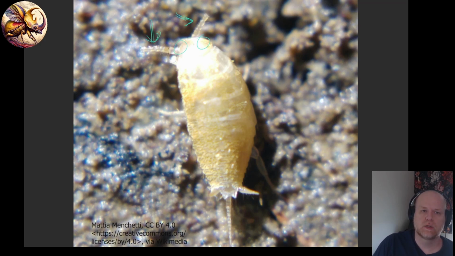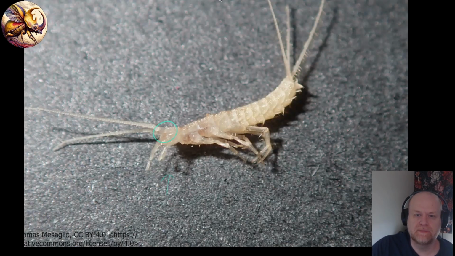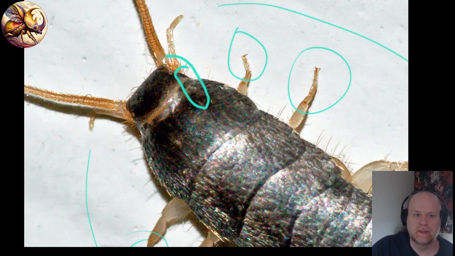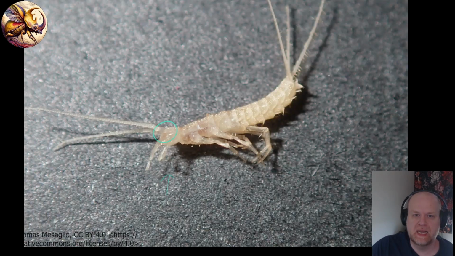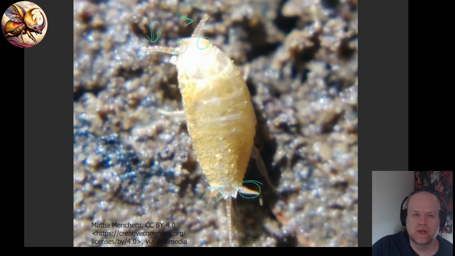They have smaller antennae and these tiny little cerci. Definitely different when comparing to the Lepismatids, right? So this one's kind of in the middle. They still have the long cerci and long antennae, but there's a dozen different genera of this or so, and you can definitely see the difference.